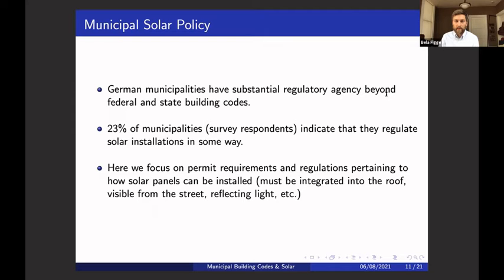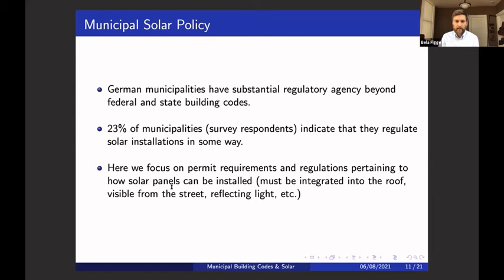So they do have a lot of relevant agency in this context. And just jumping ahead slightly here, we conducted a survey of German municipalities, and we found that almost a quarter indicated that they do regulate solar installations in some way. So they do use this power that they have.